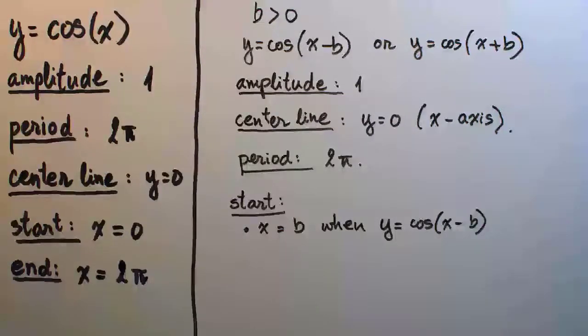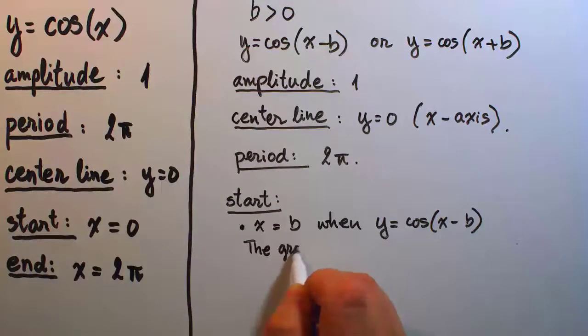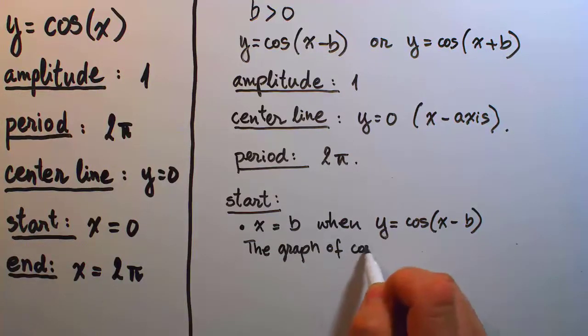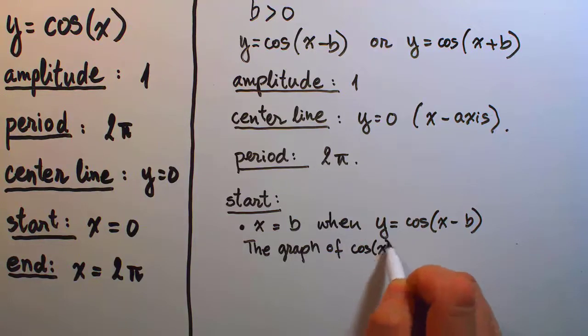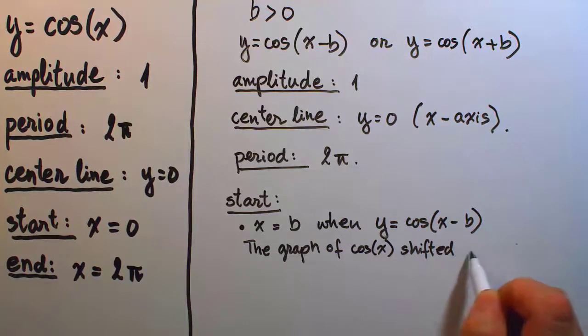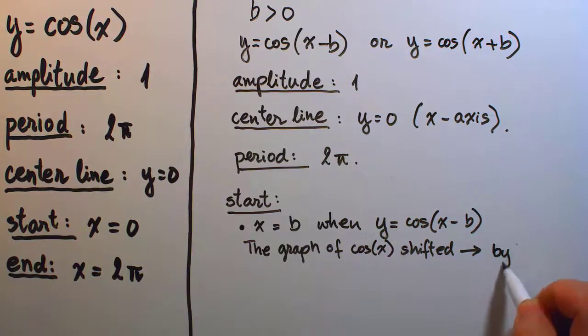And in this way, we understand the graph of this cosine of x minus b is the same as the graph of the original cosine of x, but shifted to the right-hand side horizontally by b units.